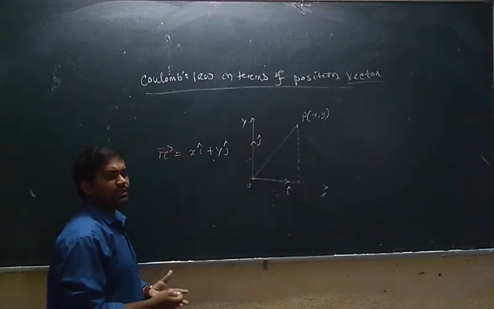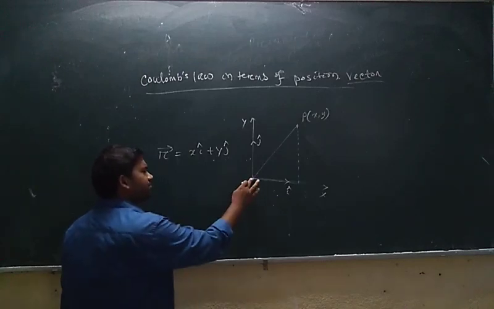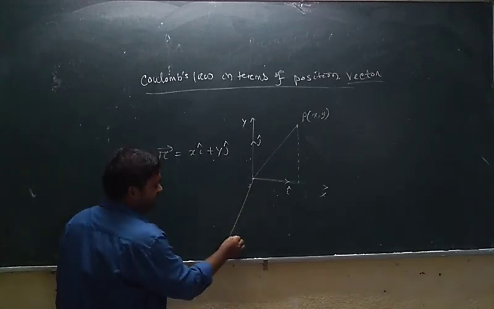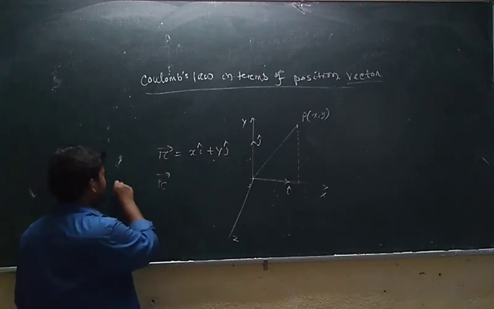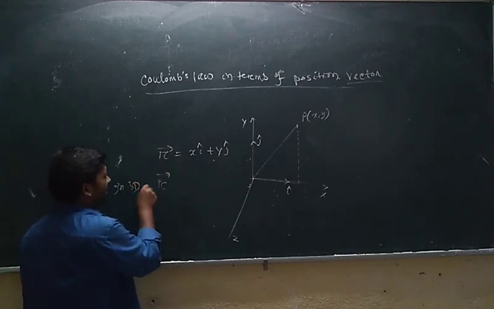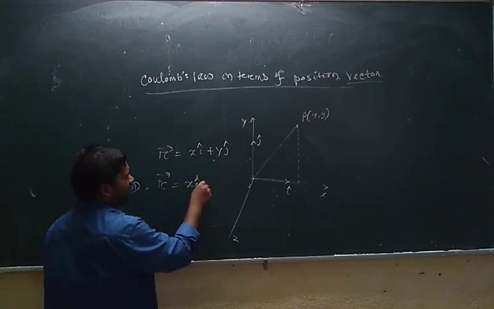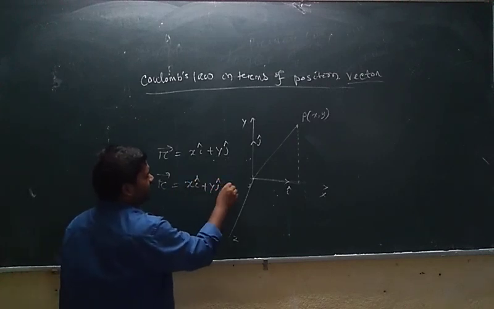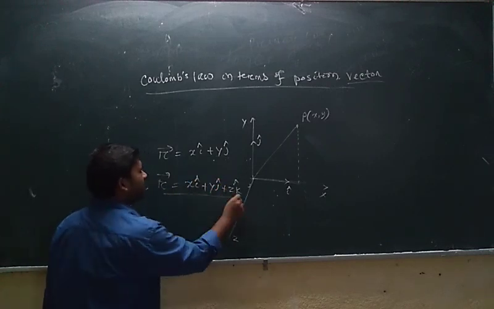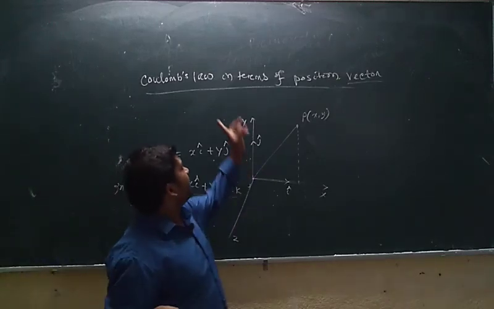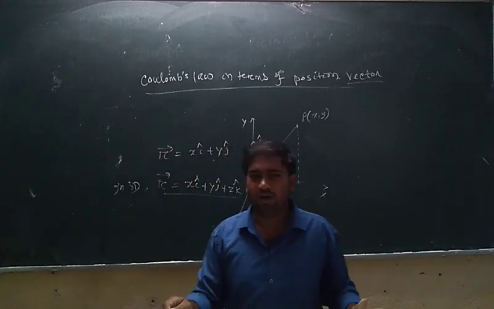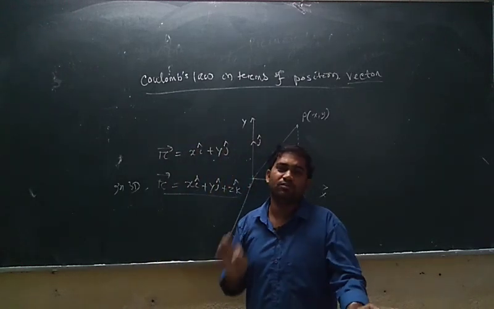When we add another axis, that is z, then in three dimensions the r vector will be x i cap plus y j cap plus z k cap. So this is the position vector. Now we can define Coulomb's law in terms of position vector.